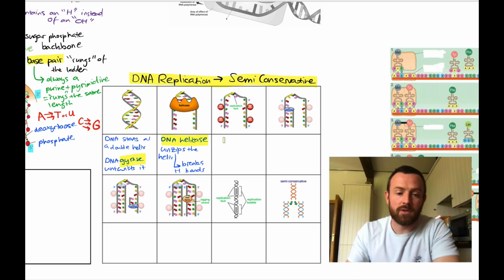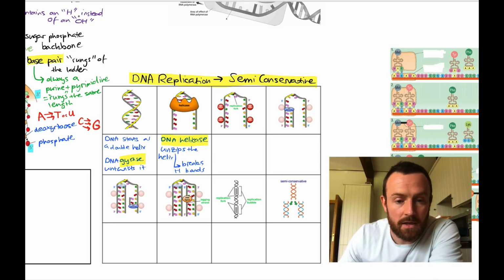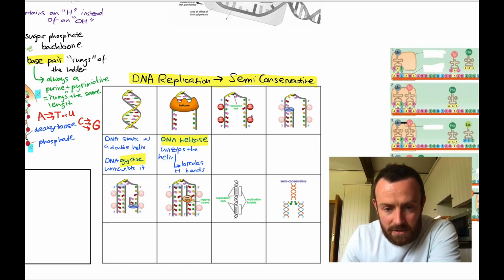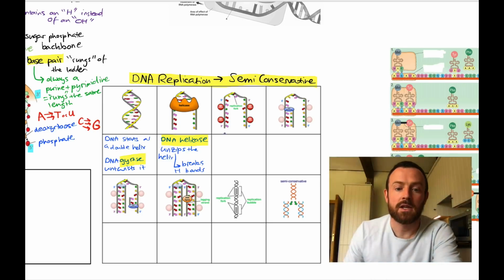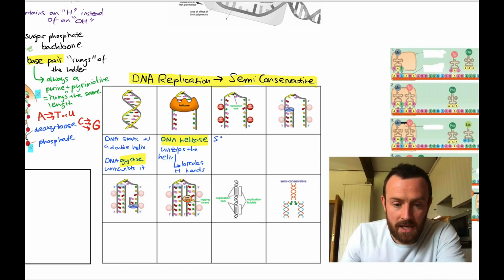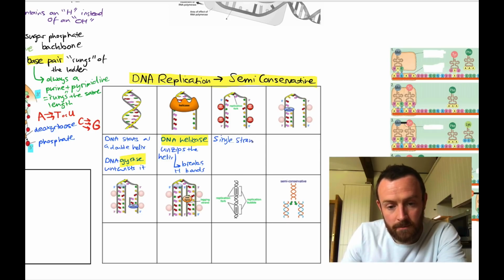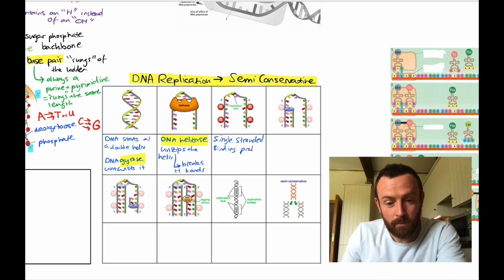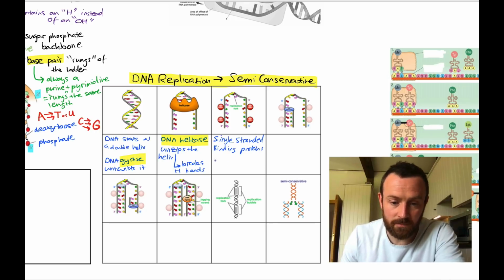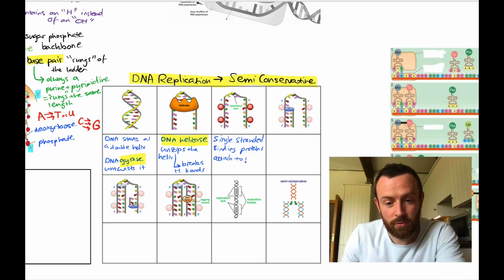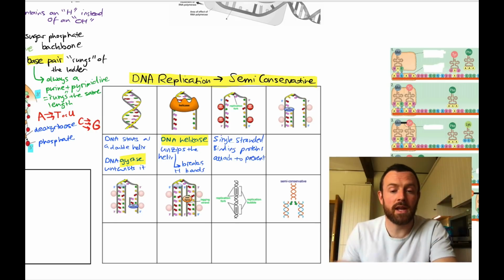But to prevent that, something called single-stranded binding proteins, these SSB, I don't know if you can see that on yours, it's a bit blurry on my image here, but let's write out in full, single-stranded binding proteins attach to prevent, use a bit of a technical word here, re-annealing.